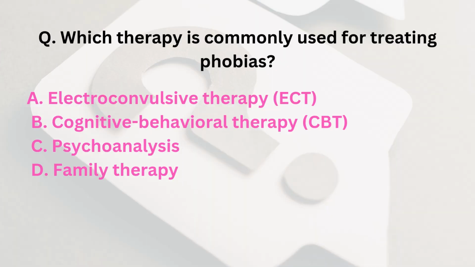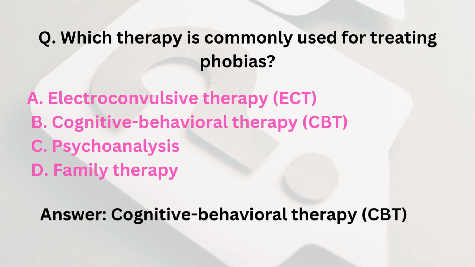Next question. Which therapy is commonly used for treating phobias? Options are electroconvulsive therapy, that is ECT, cognitive behavioral therapy, CBT, psychoanalysis, family therapy. Here the correct answer is B, that is cognitive behavioral therapy, CBT.